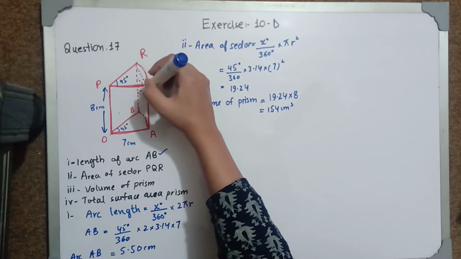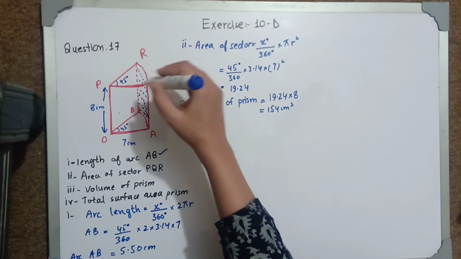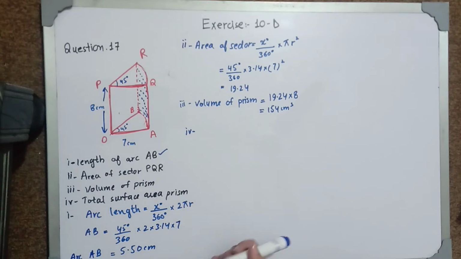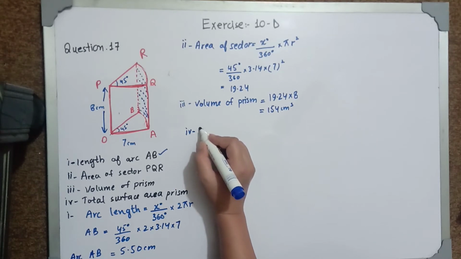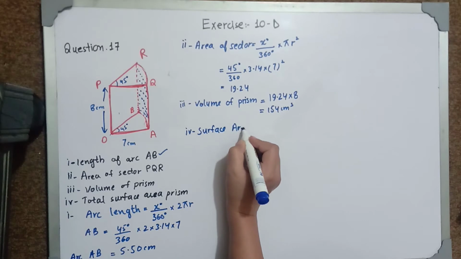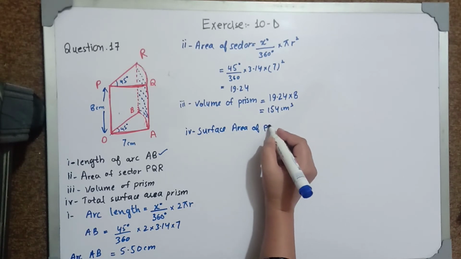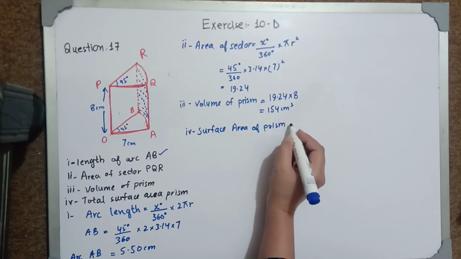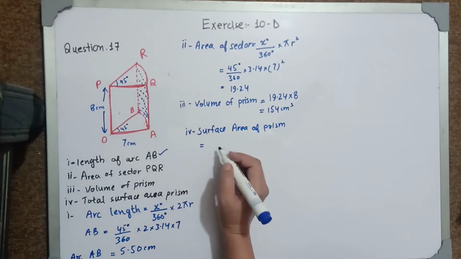So this side here, which is a curved side of the prism. So I'm gonna write all these sides. We are asked to find the total surface area of the prism, right? So I'm gonna write all the sides here.